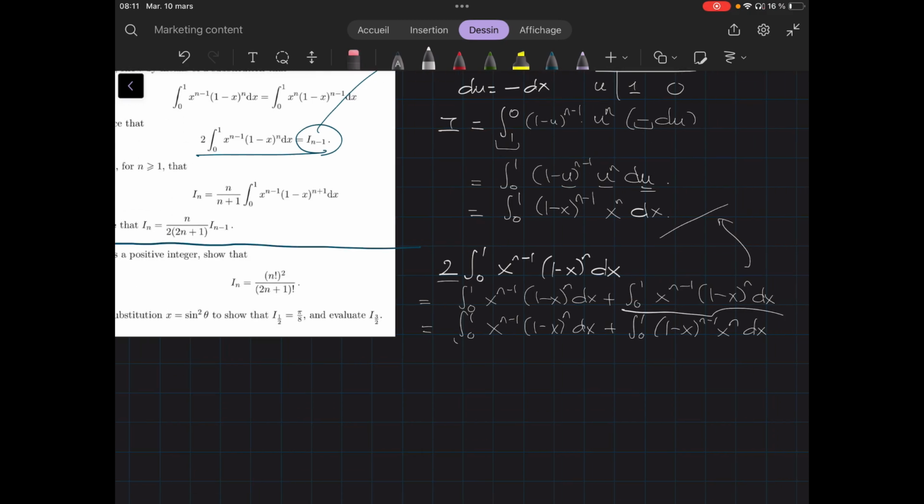Since we're integrating over the same bounds, we can then combine the integrals. Take out the common factor, and this simplifies to 1.